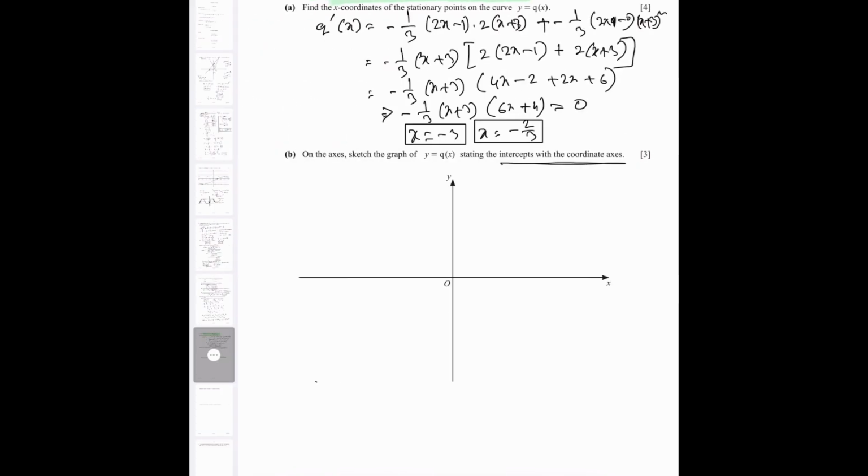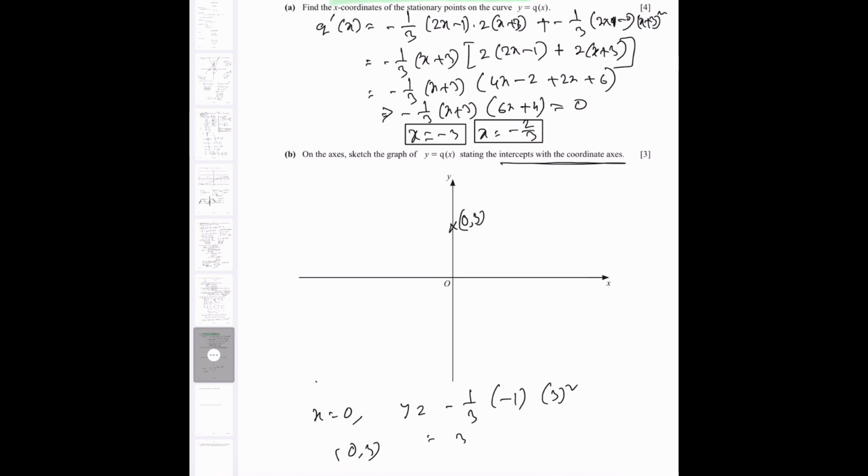If x equals 0, I mean y equals minus 1 by 3 times minus 1 times 3 squared, so 9 by 3, so (0, 3). Let me use the point (0, 3).